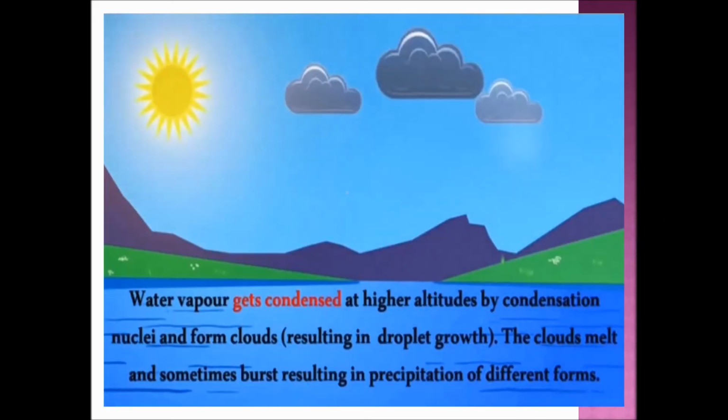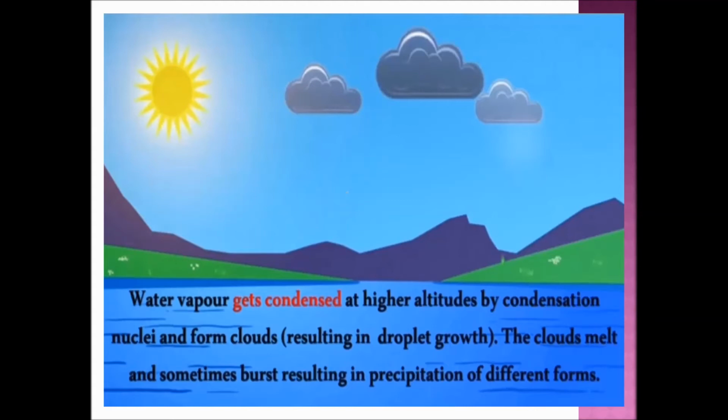Water vapor gets condensed at higher altitudes by condensation nuclei and forms clouds, resulting in droplet growth. The water vapor which gets evaporated cools down, and that is called condensation, in the form of clouds.